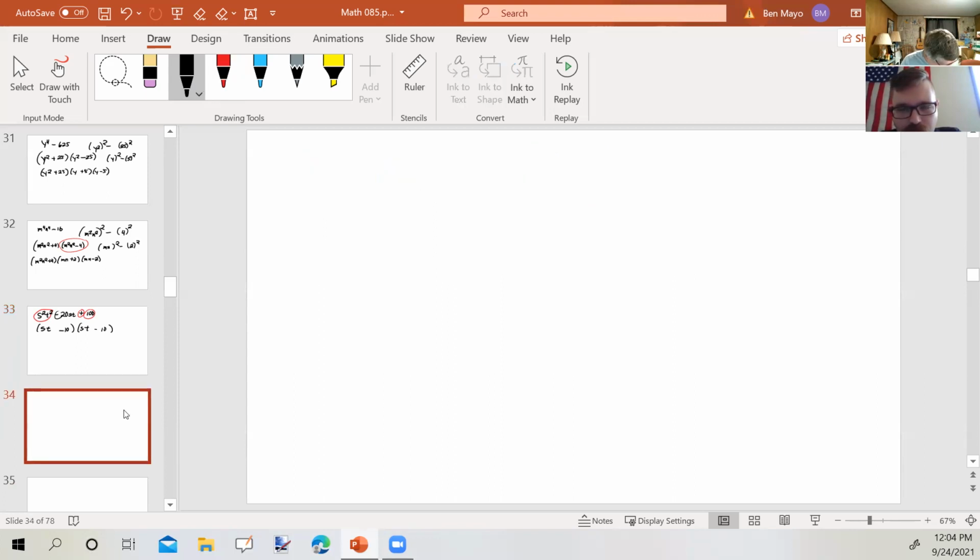How about this one? 2p to the fourth minus 32q to the fourth. Well, this is not a trinomial, so it's not a perfect square trinomial. It's a binomial. So now we're looking for the difference of two squares. And it's not yet. What do we need to do?